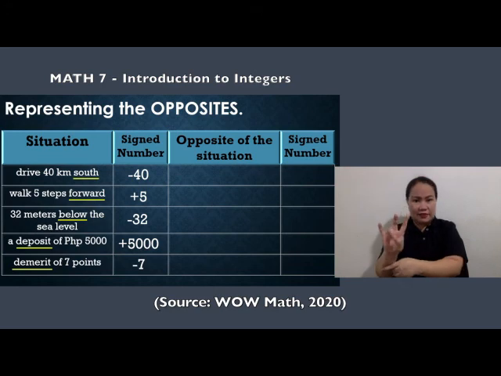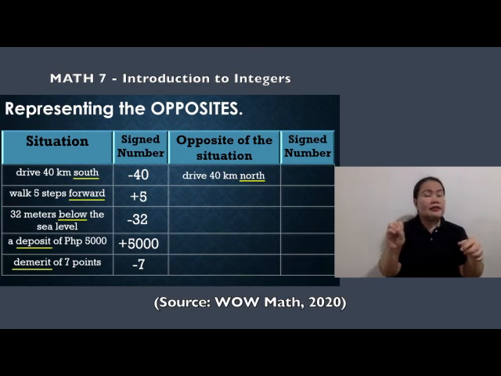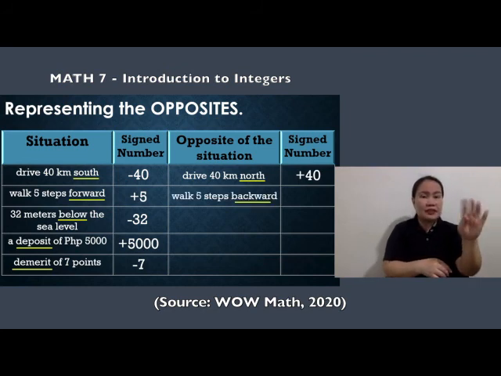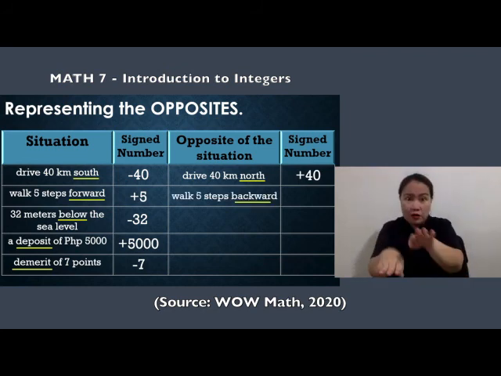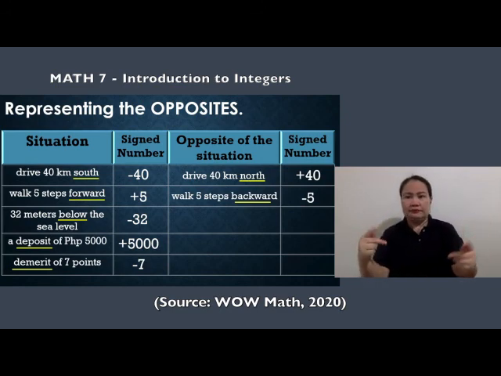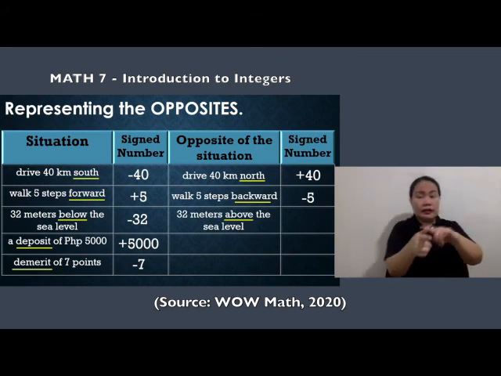Now, let us try to give the opposite of the given situation. So, if I have here drive 40 kilometers south, then that is drive 40 kilometers north, and that will become positive 40. Next, walk 5 steps forward, that is walk 5 steps backward, and that will become negative 5. 32 meters below, so that is 32 meters above the sea level, that will become positive 32.